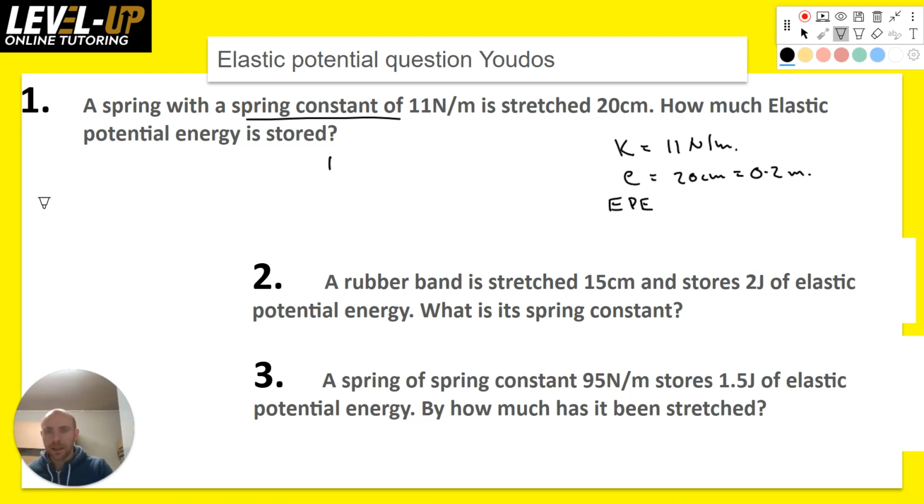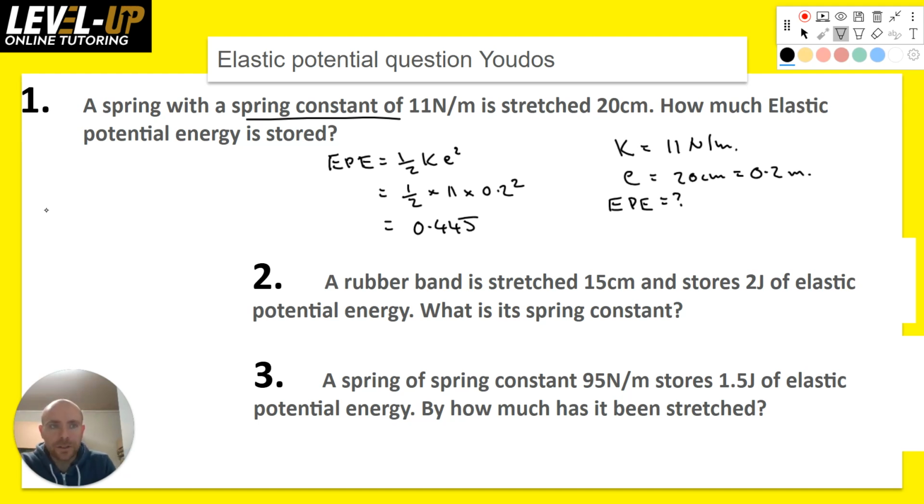So elastic potential energy is half times k times e squared. In this case, we've got all the information we need. Half times 11 times 0.2 squared, and our final answer should come to 0.44 joules.